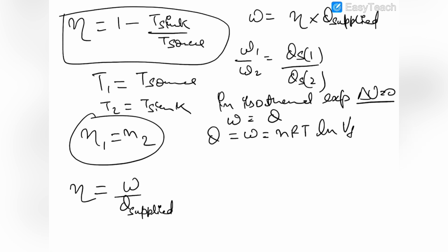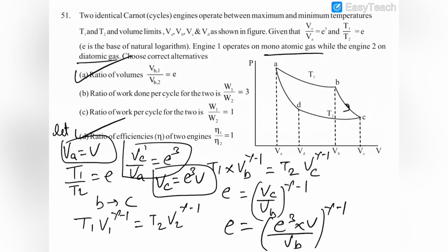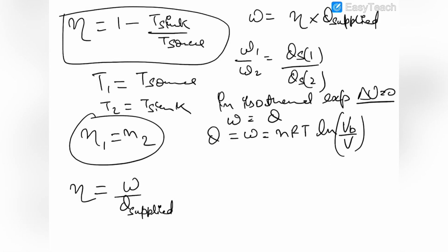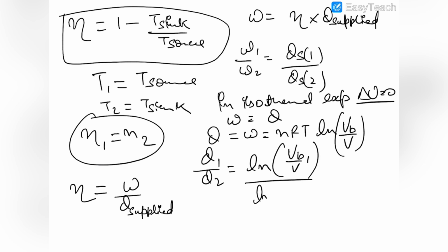Here V final is VB and V initial is VA. So if we find Q supplied 1 by Q supplied 2, then it would be T1 upon T2. Obviously T1 is the same for both of them, so T1 would be cancelled out. So it would be ln VB1 by V upon ln VB2 by V.